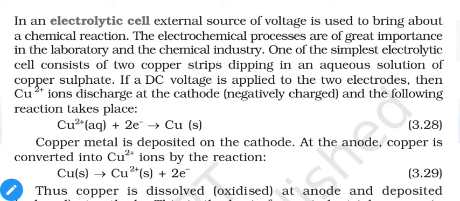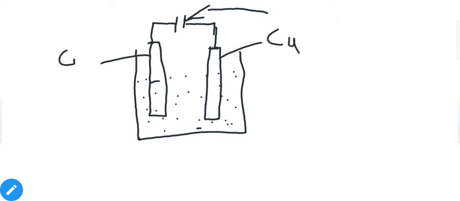So let us discuss the instrumentation. This is an example of an electrolytic cell. We have an external battery here, two copper strips as the electrodes, and a CuSO4 solution which contains Cu2+.